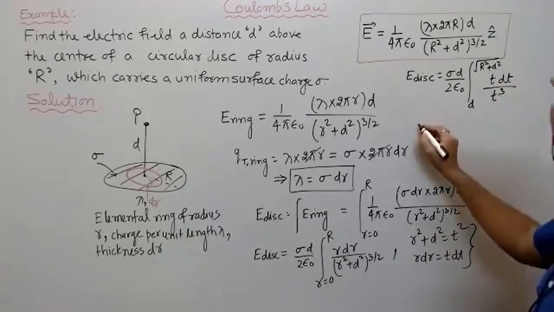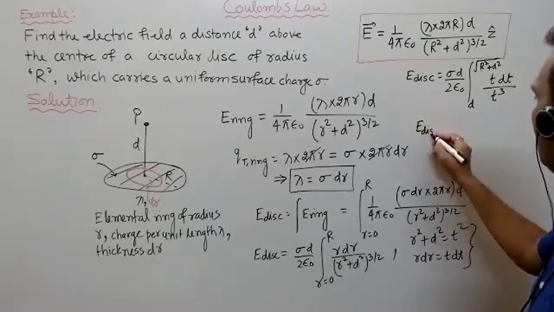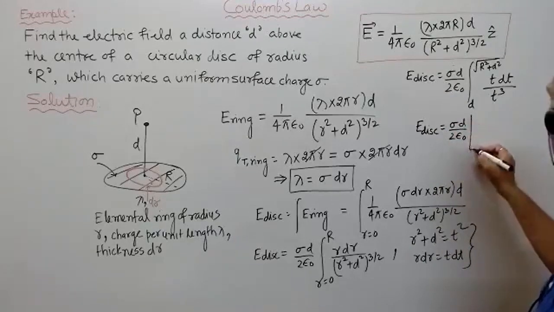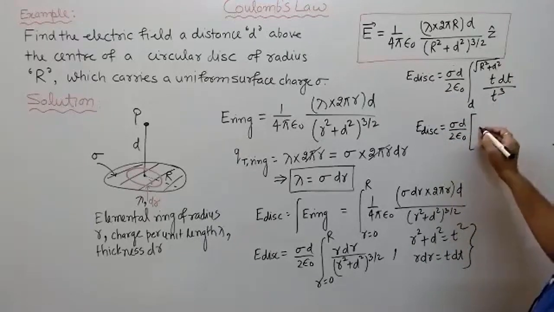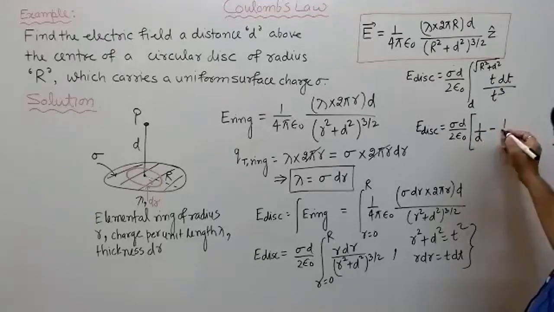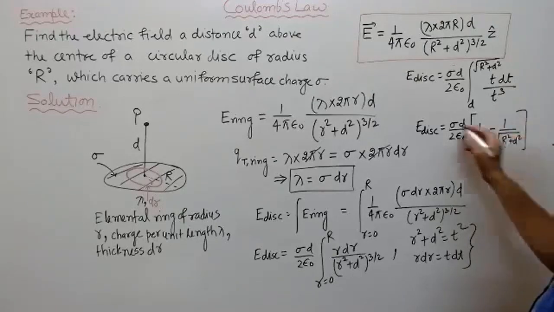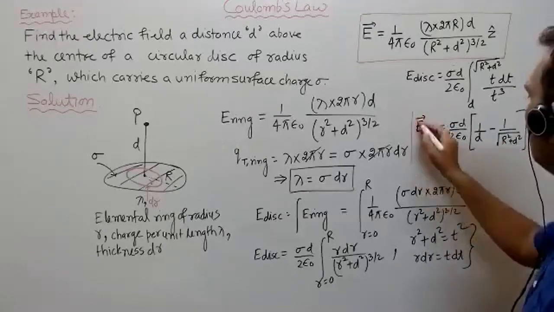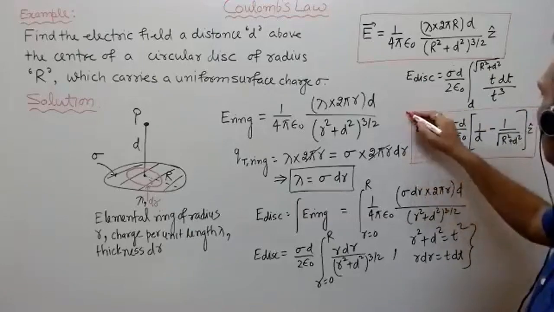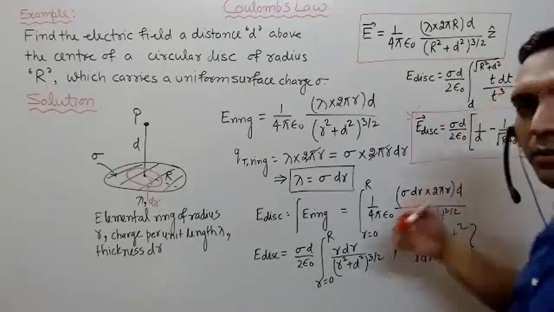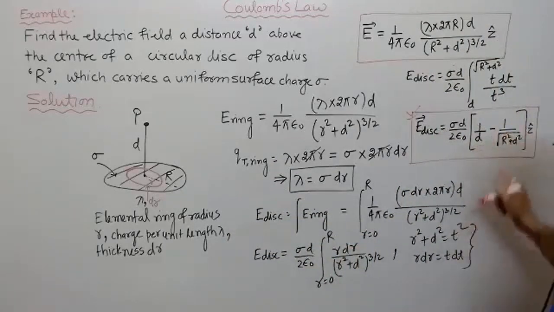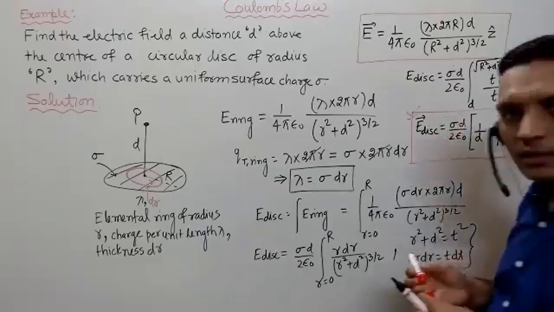Integral of 1 by t square is minus 1 by t. So finally you can write E disk will be sigma by twice epsilon naught, into 1 by d minus 1 by under root r square plus d square. And direction is z cap. That's why you will get 1 by d minus of this value. So this is the electric field due to disk.